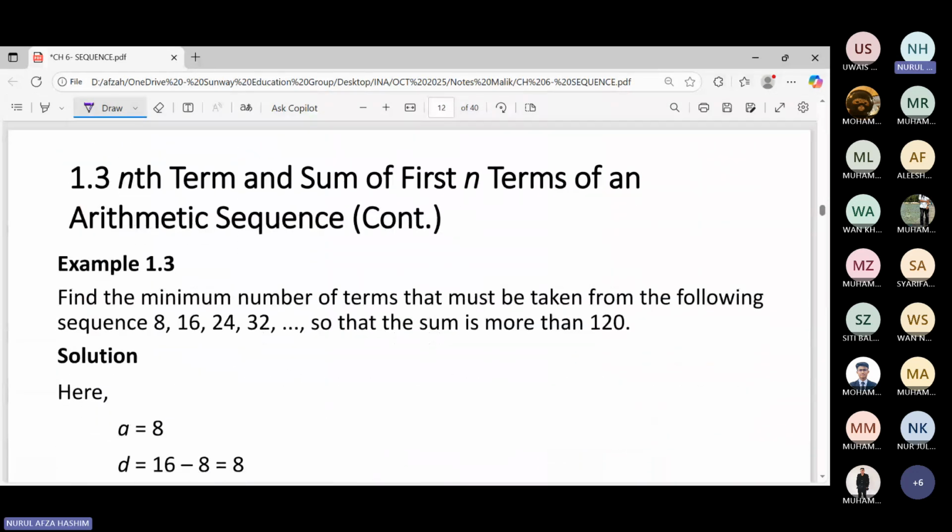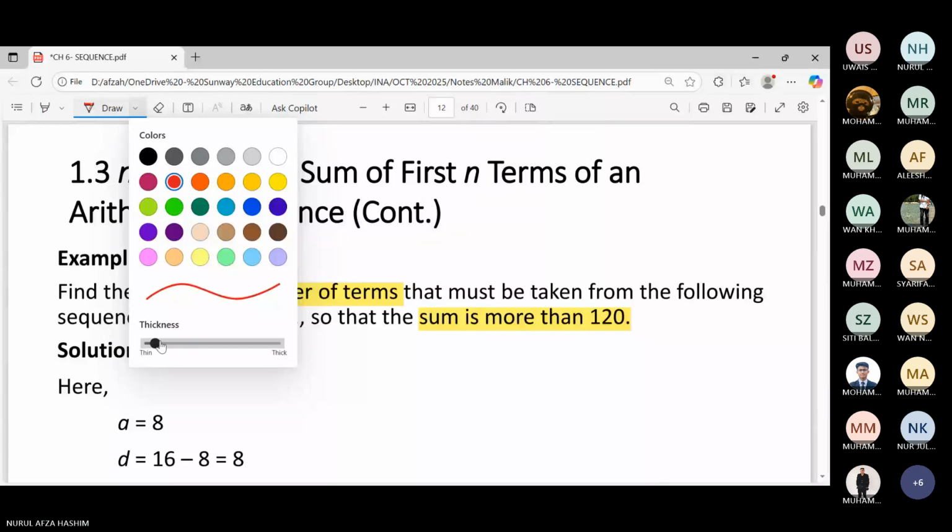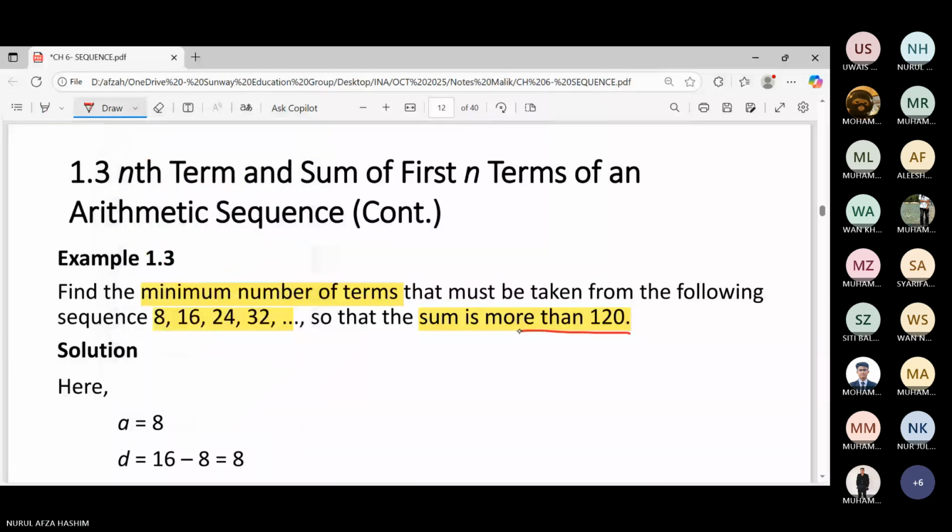Now, how about this one? They ask you here, find the minimum number of terms if you have this sequence and the sum must be more than 120. How do you write down this? The sum here, Sn or Tn?